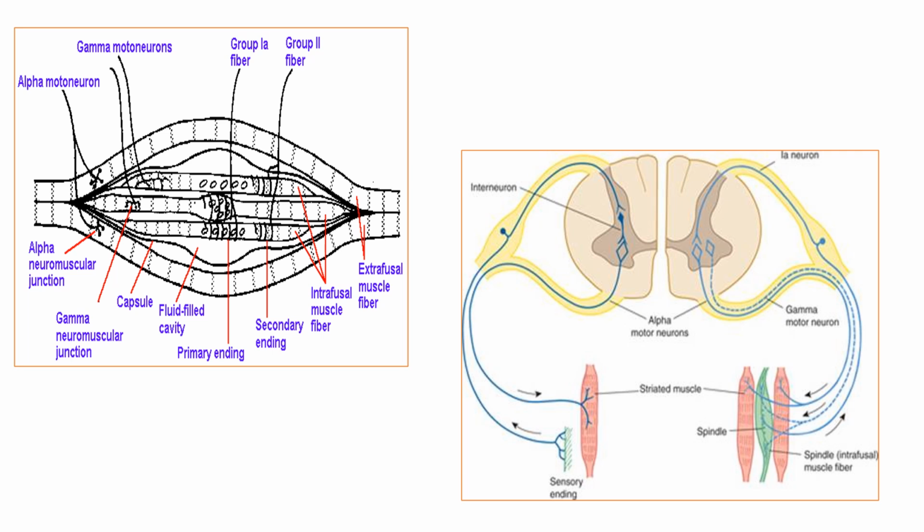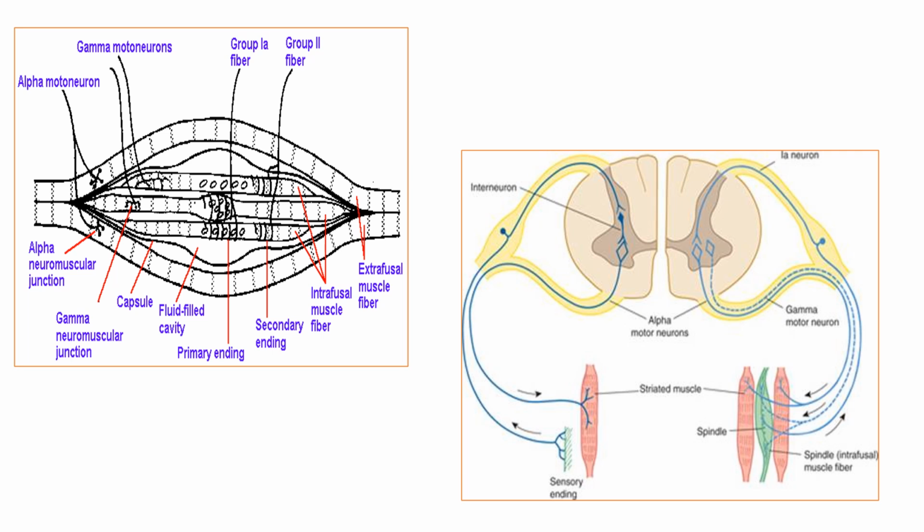So, the afferents will go from the nuclear bag fibers through the group 1A fiber. It is carrying afferent information from the middle part of the nuclear bag fiber and nuclear chain fibers.